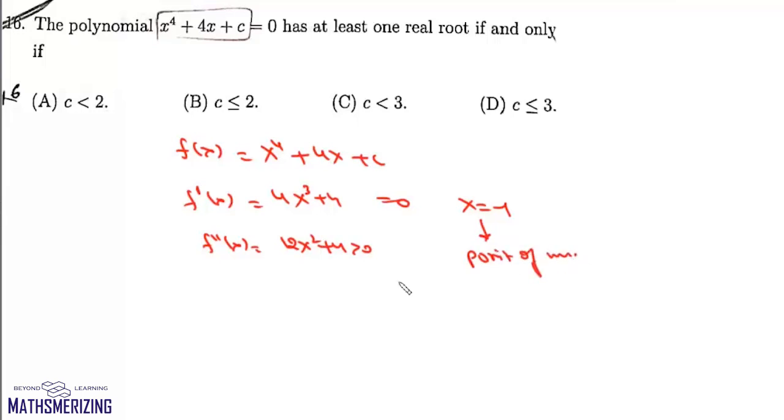So this function will be concave up and will have a minima at minus 1. And if we find the value at minus 1, it will be 1 minus 4 plus c, that is c minus 3.